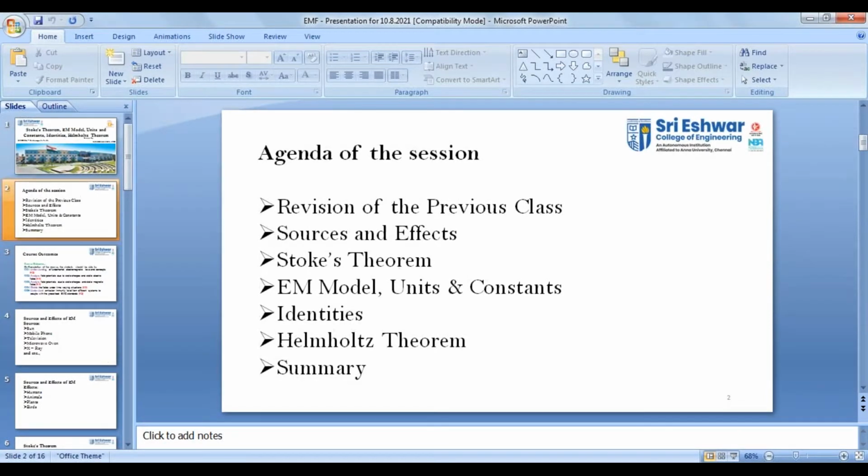After that, the electromagnetic model, and units and constants. Then we will go to identities, that is null identities, and finally the Helmholtz theorem. Today I am also planning to cover one more important identity. I will give you time to try to solve it and bring the answer. If not, we will cover it tomorrow. Then we will go for the final summary.